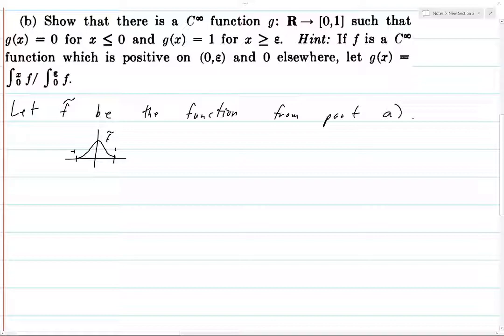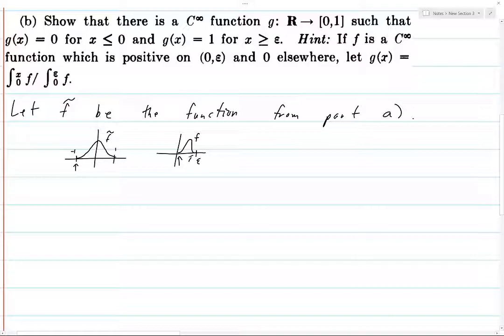What we want is a function that is a C infinity function which is positive on 0 to epsilon. So what we want is something that, let's see, if this is epsilon, we want it to look like this. This will be our f. And so what we want to do is we sort of want to make this function so when we plug in 0 here into f, we're actually plugging in -1 to f tilde.